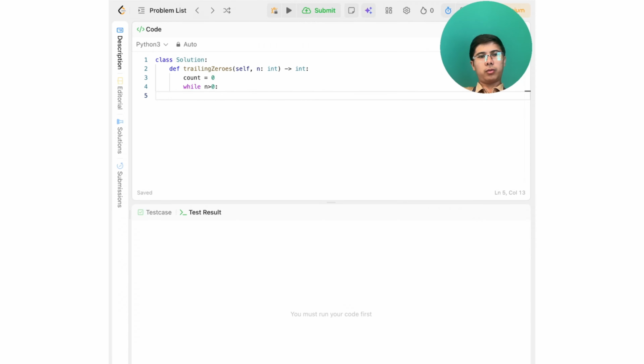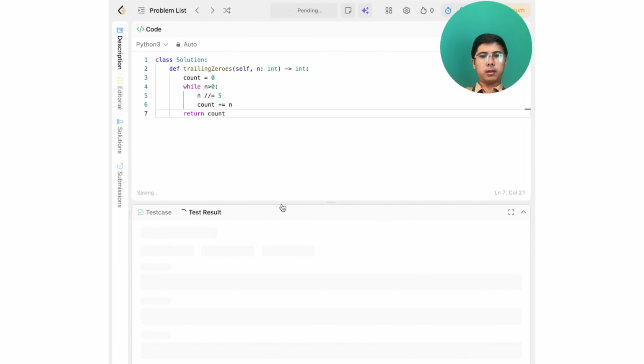We need to count how many numbers are divisible by 5, 25, 125, like this. That's why we write integer division of n by 5, and we add the current count of factors of 5. Count plus equals n, that's it. And we return our count.